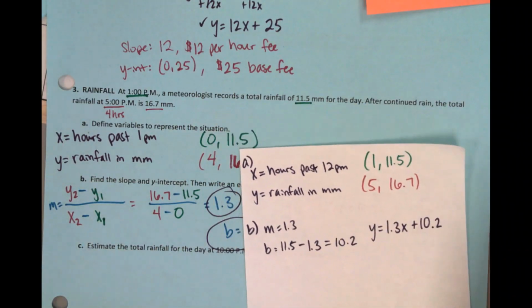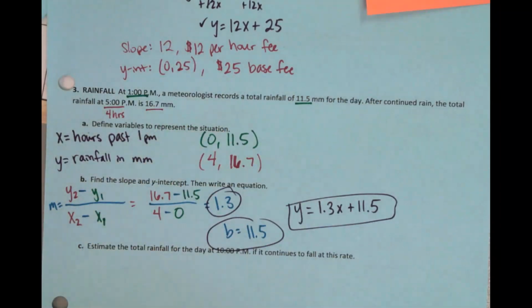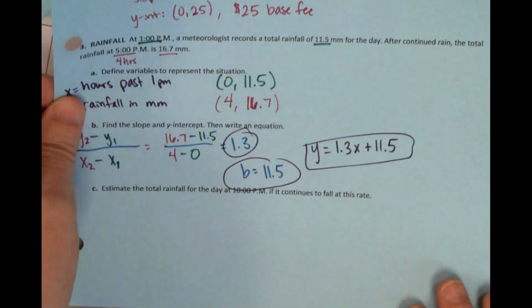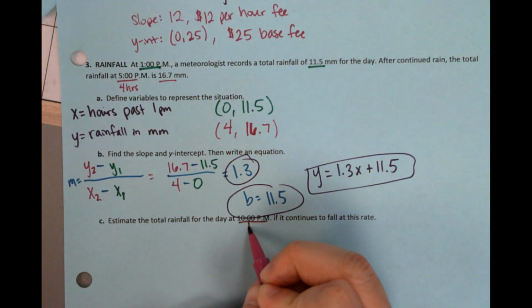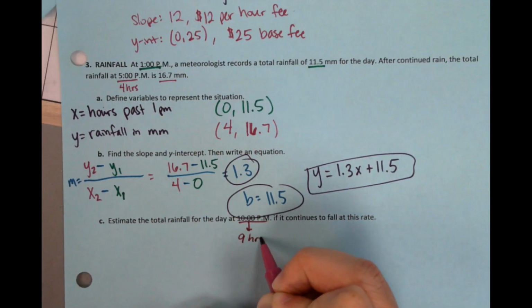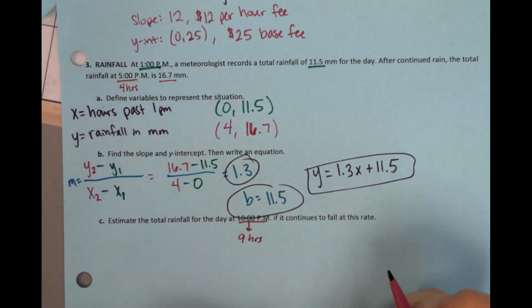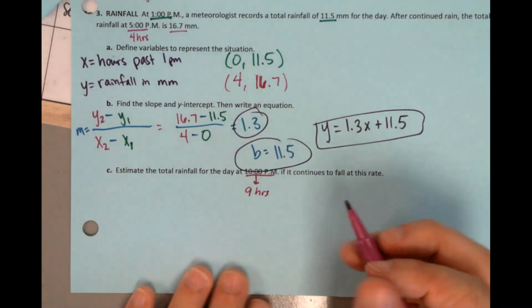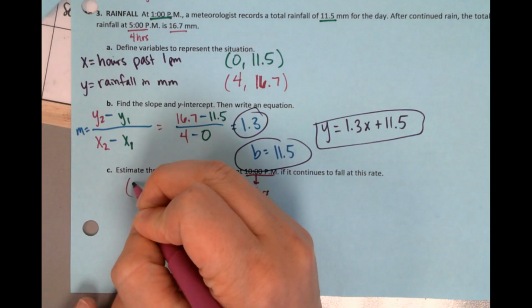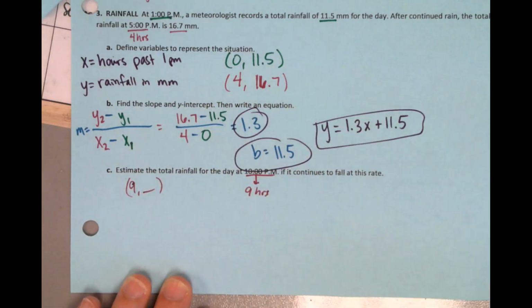Okay, Part C, estimate the total rainfall for the day at 10 p.m. A big thing about 10 p.m. is we need to know how far past 1 p.m. it is. This is 9 hours past 1 p.m., which means we are looking for when x equals 9, what is y?